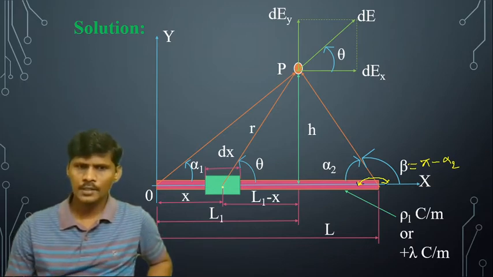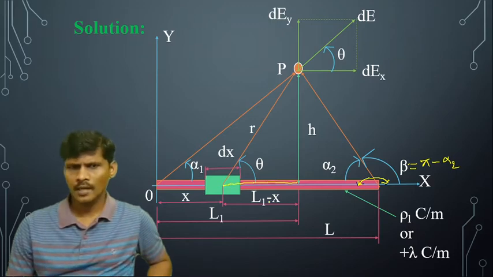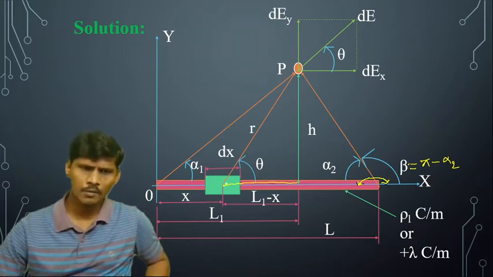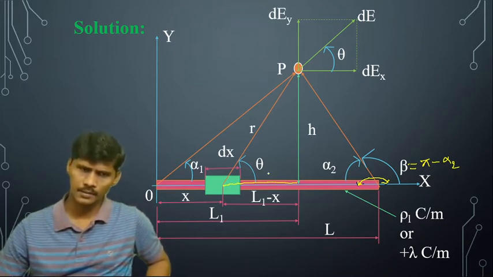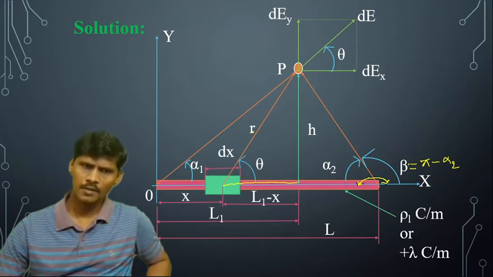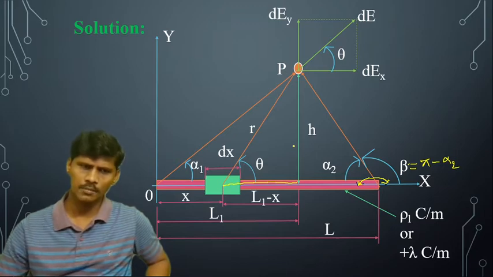Here to here the distance is L1 minus x, here to here the distance is small r meter, and here to here the distance is h meters.